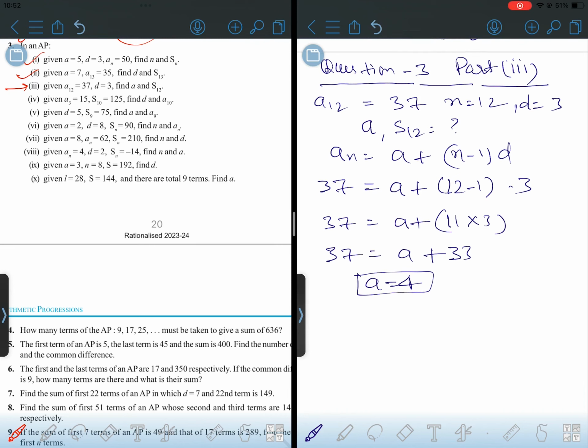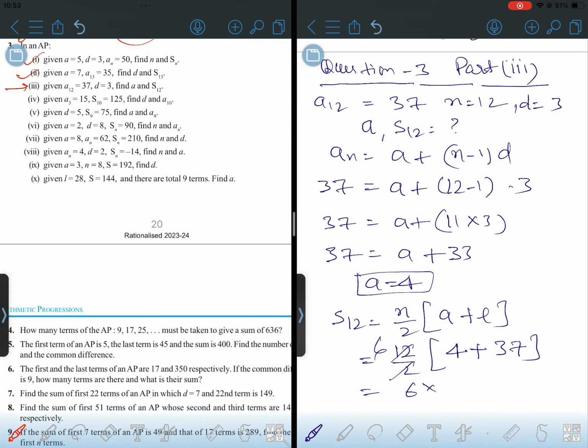So S12 is equal to n by 2 in bracket first term plus last term. So the value of n is 12 upon 2, and the first term is 4, and the last term is 37. Okay, so that gives you 6 into how much?